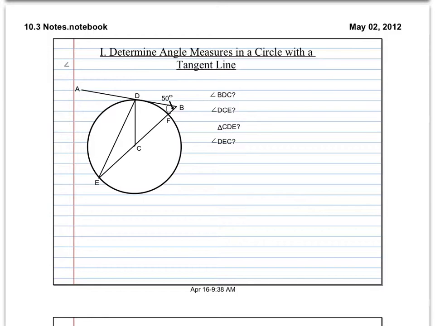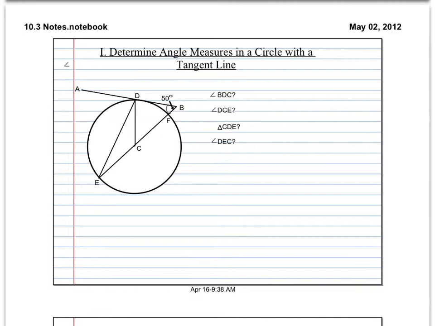So, to begin with, looking at BDC. So again, when we're talking about angles, the letter in the middle is where the angle is at. So BDC, that's really messy, but you see the point. Right here. So we're looking at the angle right there in the corner. As we said before, at the beginning of the chapter, a tangent line, which is what A to B is, intersected at the radius.